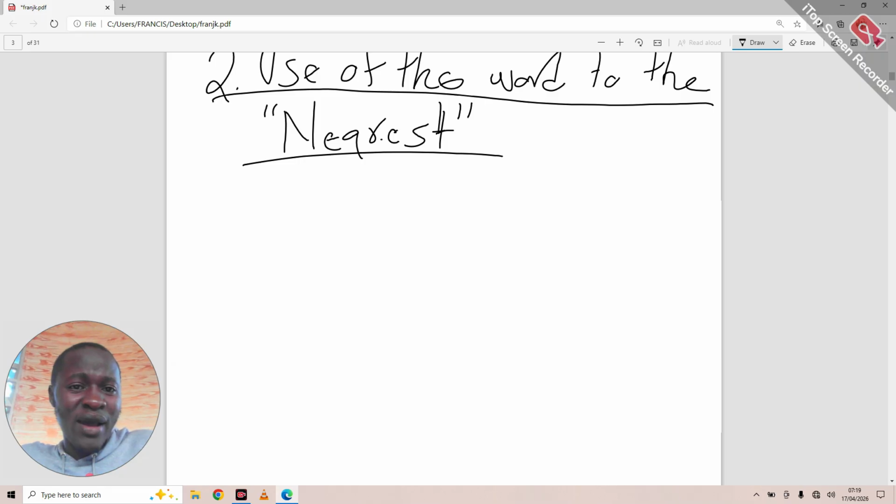I'm trying to say that the word nearest, when it is used, acts as accuracy. It is no longer a number like what we've been doing all along, where you get a number, you get its accuracy, then divide by 2 to get the absolute error. No. When the word to the nearest has been used, that particular nearest number is an accuracy.